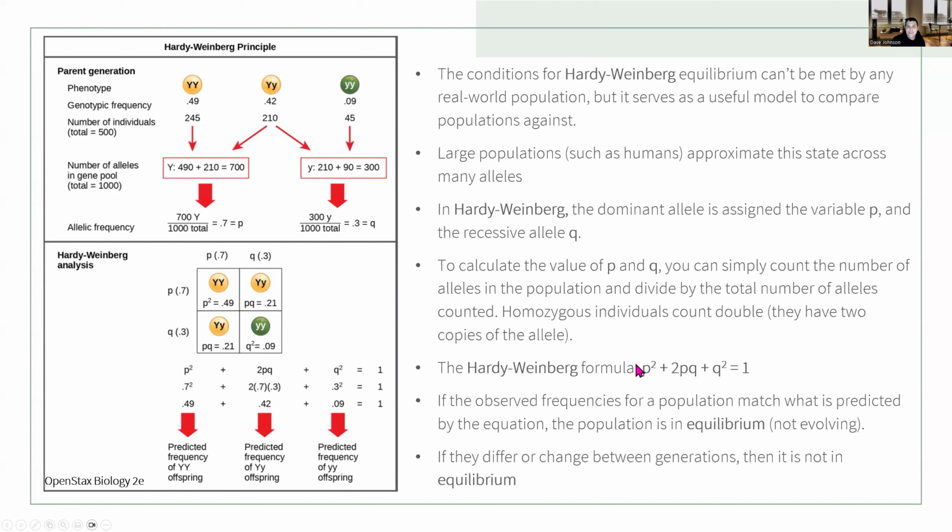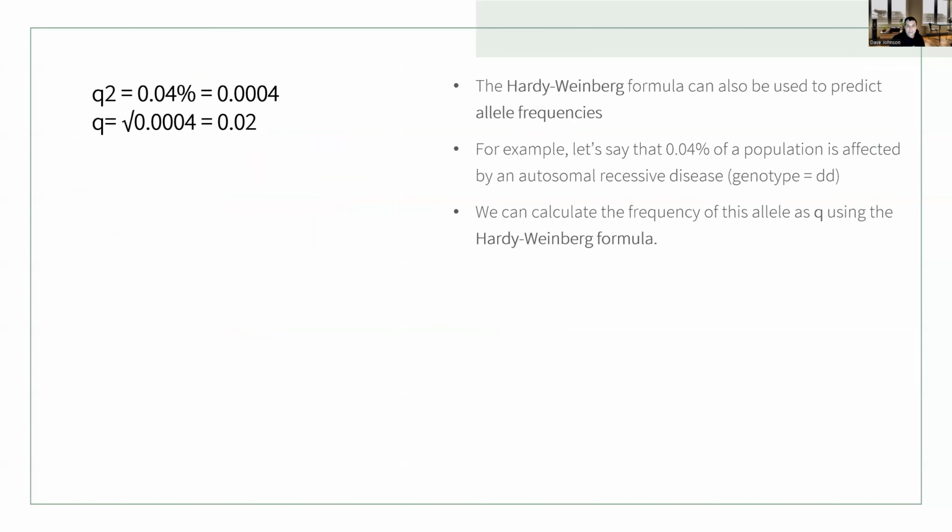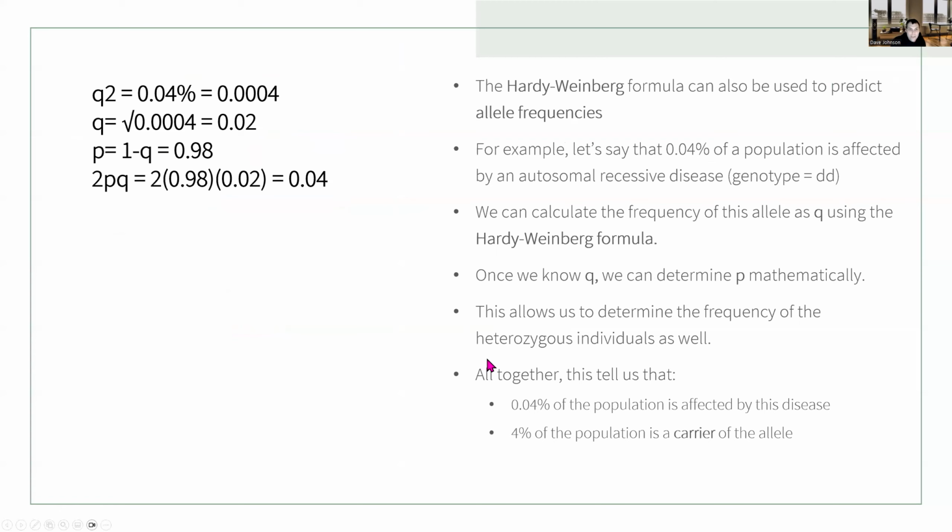We know that p is 0.98 and q is 0.02. So 2 times 0.98 times 0.02 equals 0.04. If we multiply by 100, 4% of the population is a carrier of this allele.